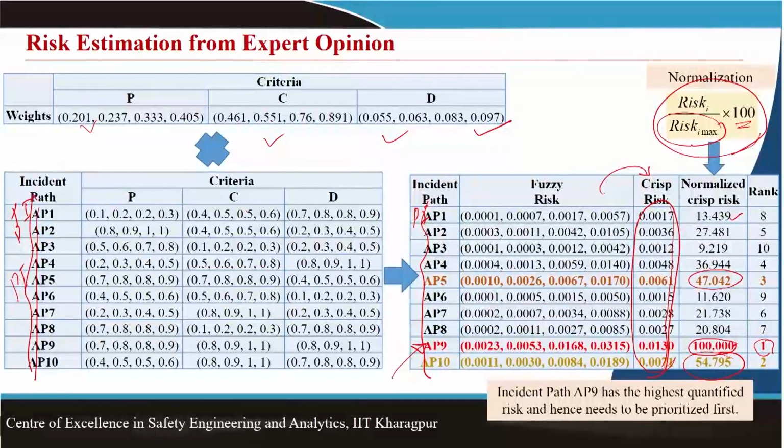Suppose for AP9, in order to reduce the risk of AP9, or I can say PIP9, that is better, what do you actually do? Suppose you have many measures. If you go by the hazard control hierarchy, like elimination, substitution, you can think that way, or you may think in terms of safety barriers, what is needed there.